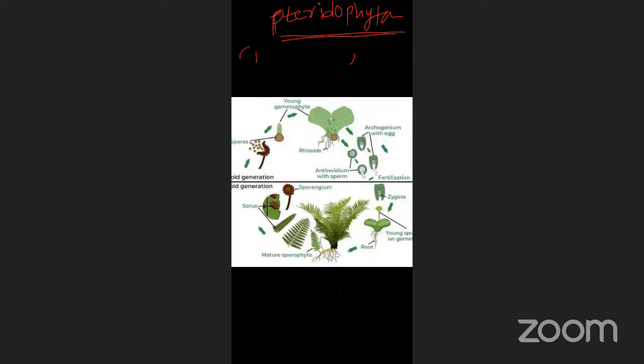What is the definition of pteridophytes? That means, what is the definition of bryophyte? What are bryophytes?